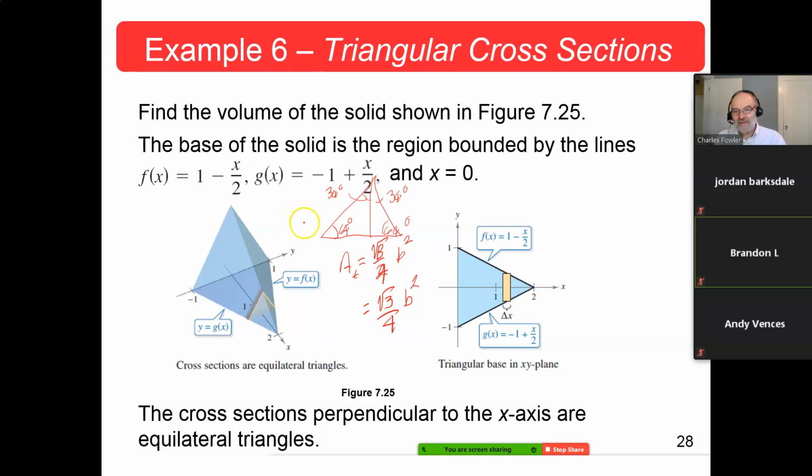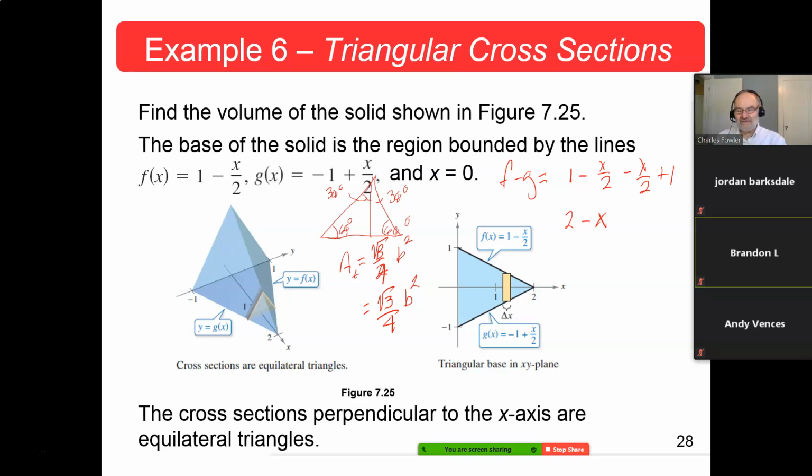The length of the base is the difference between this and that. Okay? So, let's do that. F minus G is going to be 1 minus x over 2 minus x over 2 plus 1, because of minus a minus. So that gives you 2 minus x. That's going to be the length of the base.